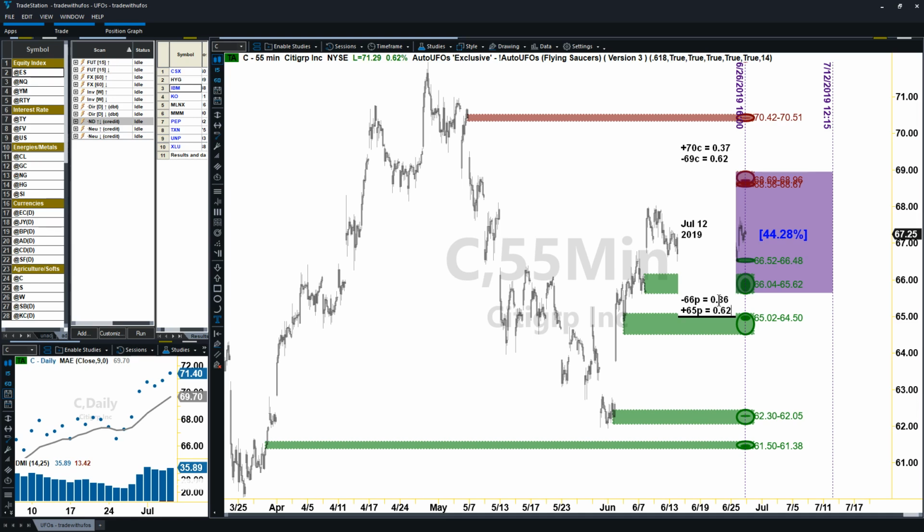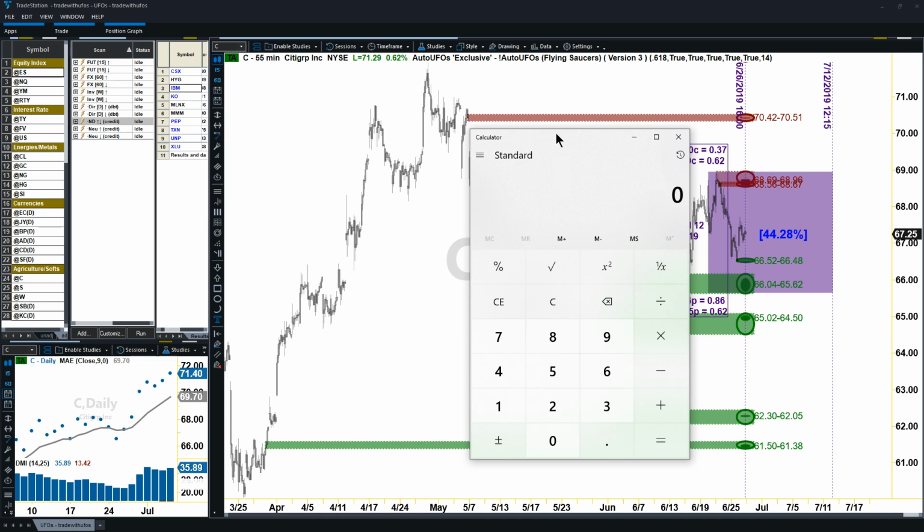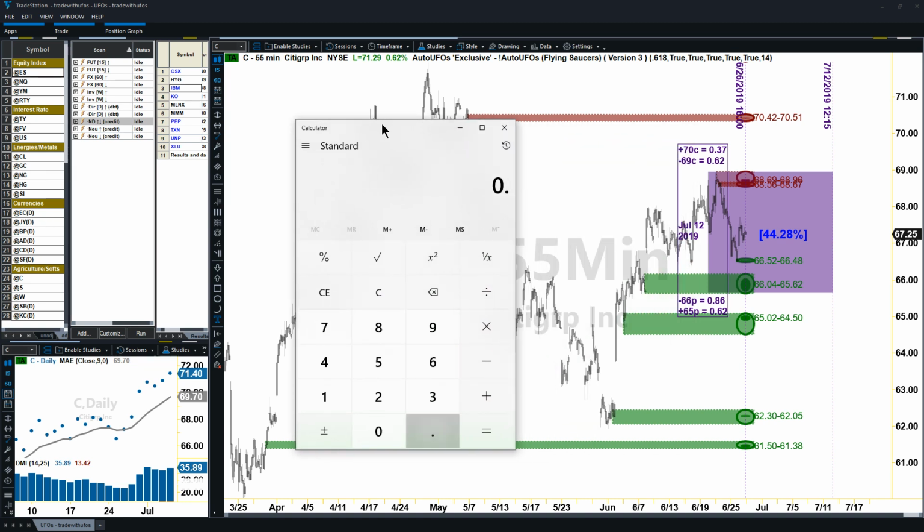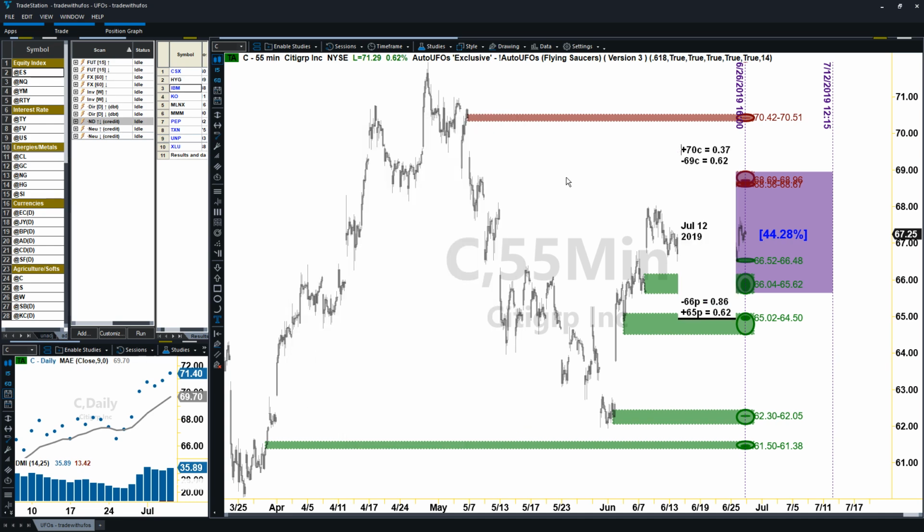So this is a condor where if you have done this, you have collected 62 plus 86, so you have collected $1.48 of premium, and then you paid 37, and then you paid 62, so that gave you a net credit of 49 cents.